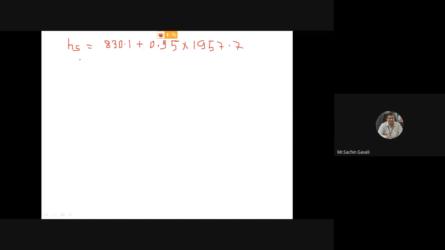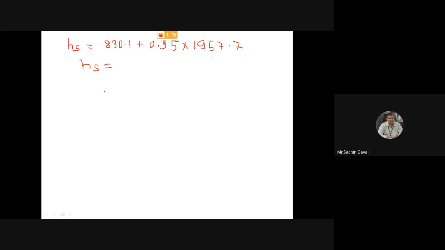Then HS is coming as, somebody can tell the HS value. Does anybody have a problem or doubt how we are taking the value 830.1 and 1957.7? Otherwise I have to show you how Chaneshwar Mishra has taken this value.